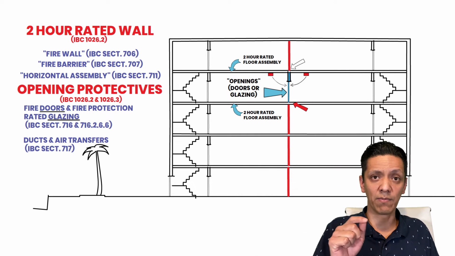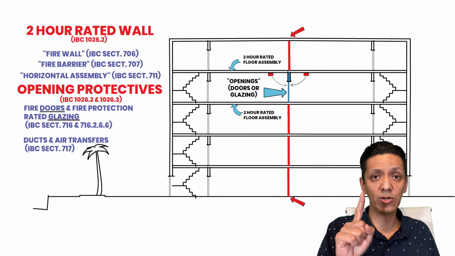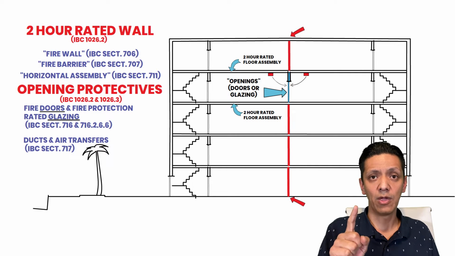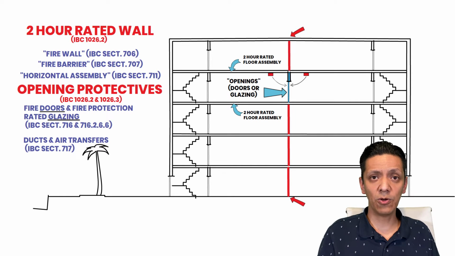So you would start all the way at the top and divide it all the way down below. So now we know the limitations of when a horizontal exit is allowed. We know the type of wall it has to be, how far up and how far down it has to go. So now let's talk about the space itself.